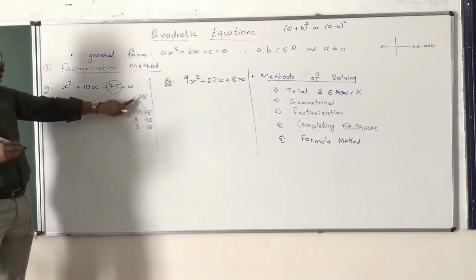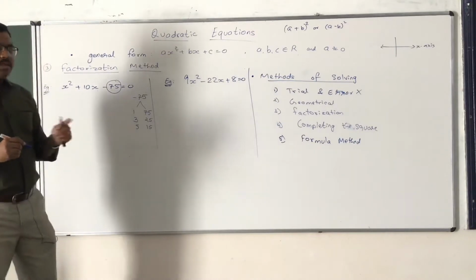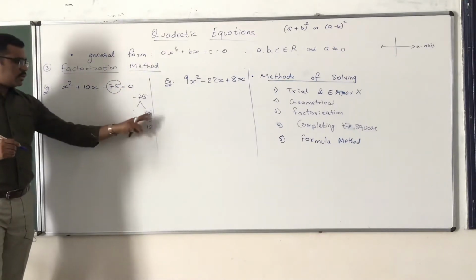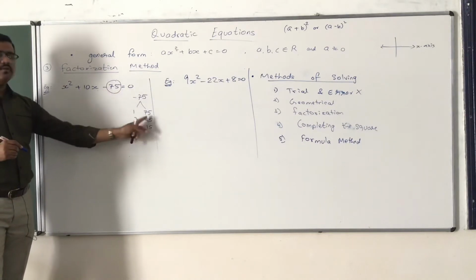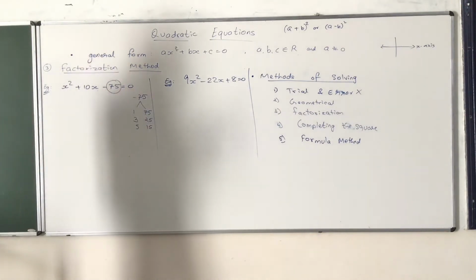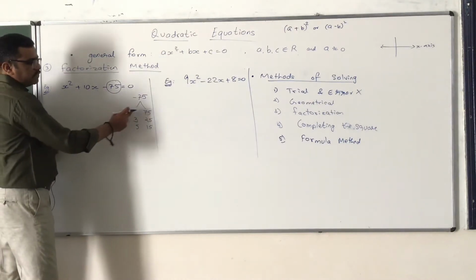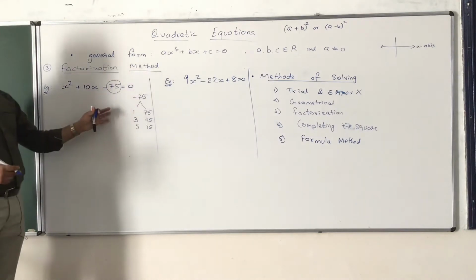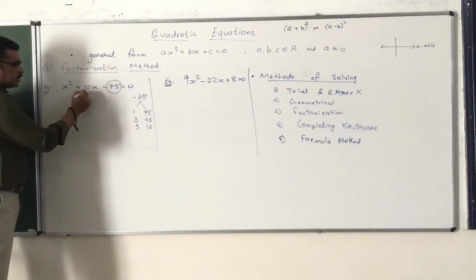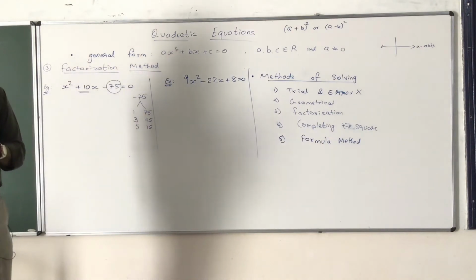Now since the constant term is negative, that means the product which gives a negative answer has one of the two numbers as negative and the other one is positive. So we must have one of the numbers in any of these pairs as negative, and hence the subtraction should be the coefficient of middle term.